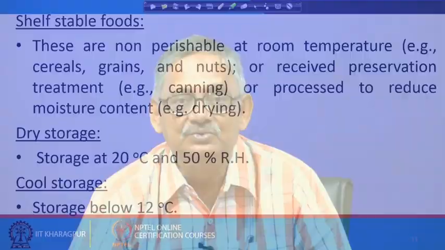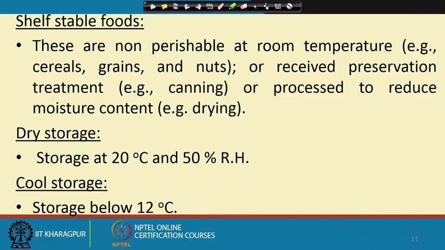Processed to reduce moisture content, for example dried foods. Dried foods are also shelf stable, because one of the factors for organisms to grow is the moisture present, how much moisture is available for the organism to grow.